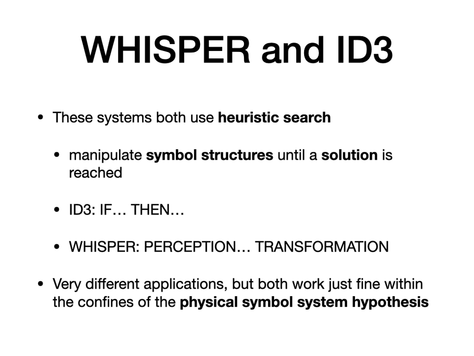They're very different in the way that they structure the internal problem, but ultimately they're both working well within the confines of a physical symbol system, right? One of these is making complex medical diagnoses and helping decision-making for loaning money, and the other one is simulating physics, but they both are very comfortable in the physical symbol system hypothesis.